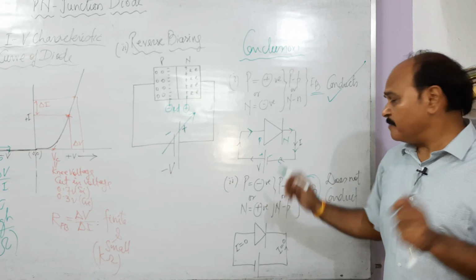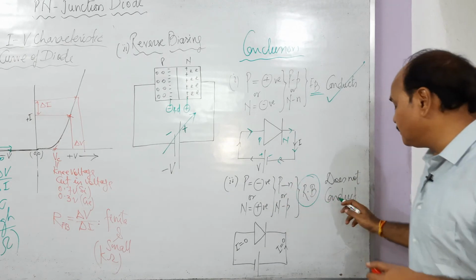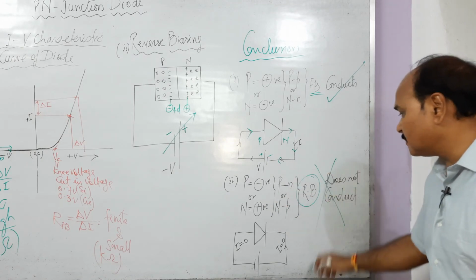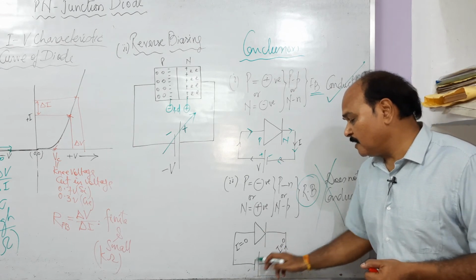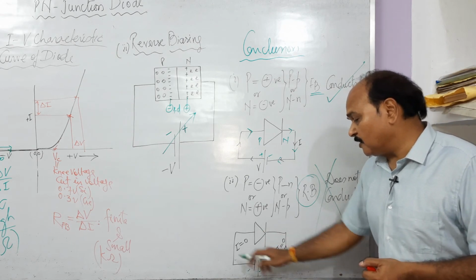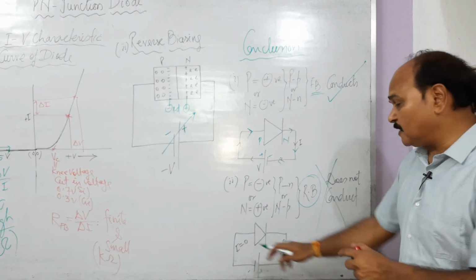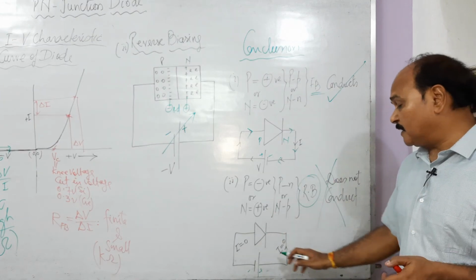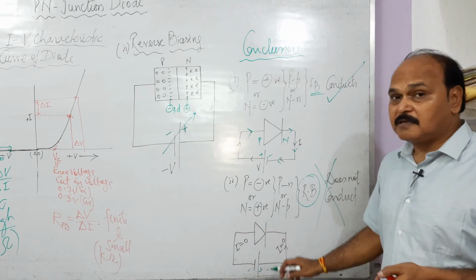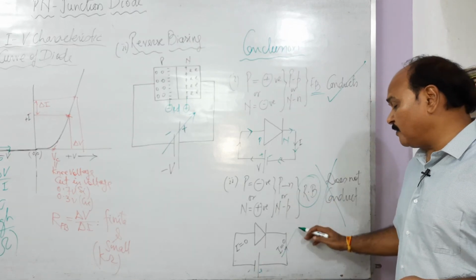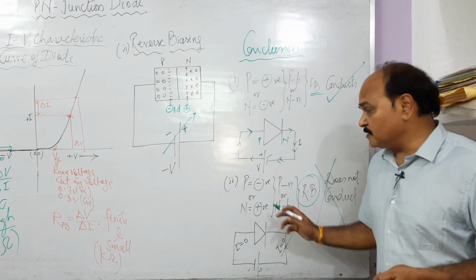PPNN forward bias, PNNP reverse bias, and in this case the diode does not conduct. This is P side, this is N side, P connected with negative terminal or N connected with positive terminal. The diode is reverse bias, and in that case the diode behaves like an open circuit. Had it been conducting, the current would have been in this direction, but there is no current in the circuit and the value of current in the reverse bias remains 0.